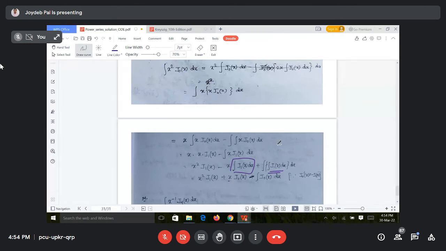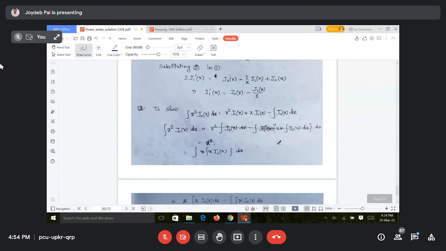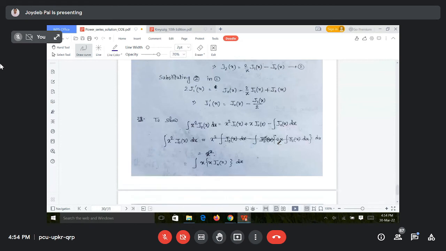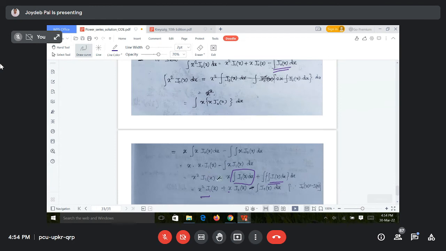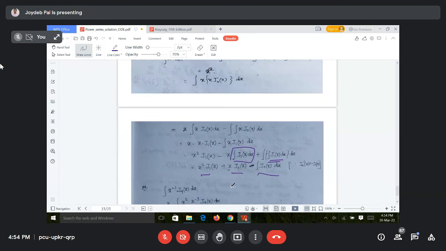Actually that is the last form that we have to prove. The integration of J naught will be there, you cannot simplify it further. So you see the rest of the terms we are getting are x square j1 x into J naught and the integration of J naught. Okay.